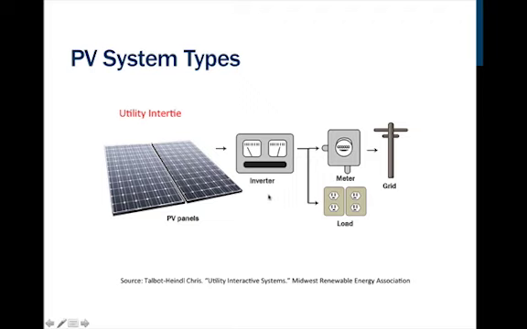The crux of this type of system is that it requires the utility in order to operate. If the grid goes down, the inverter senses that and automatically shuts down and physically disconnects from the utility. So if the utility grid is down, you're down. You don't have any access to that power that could potentially be generated by your PV modules.